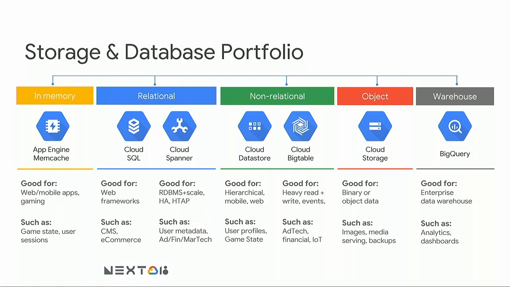And I don't know about you all, but I can get a little bit confused when I'm trying to interpret what these icons mean. So I wanted to put this up here to show you the spectrum of storage and database products that we have and where BigQuery sits. So BigQuery is over here as the enterprise data warehouse. It behaves somewhat like a relational database, except you can go arbitrarily big. Really good for analytics, really good for reporting, really good for dashboarding.